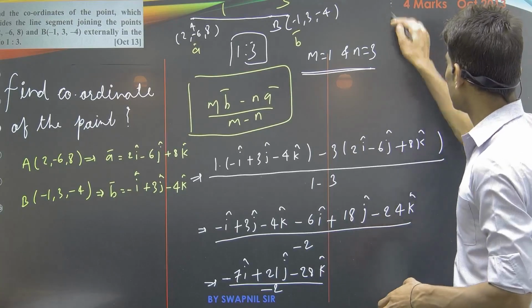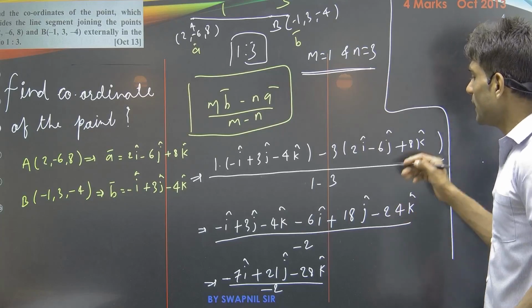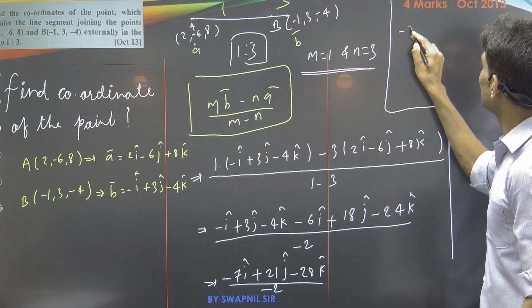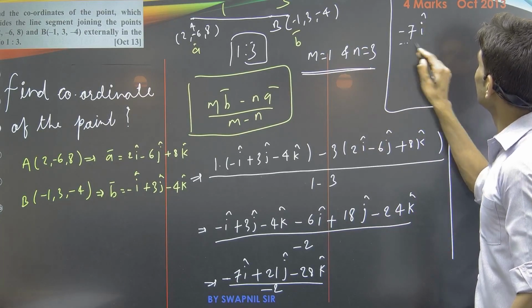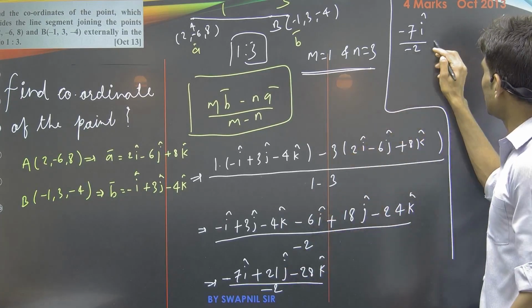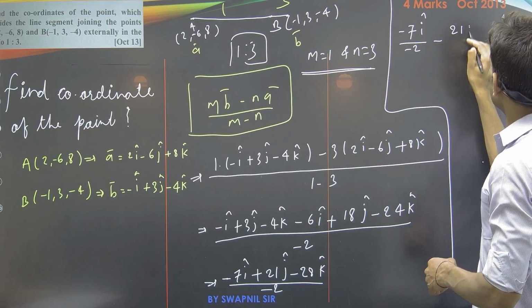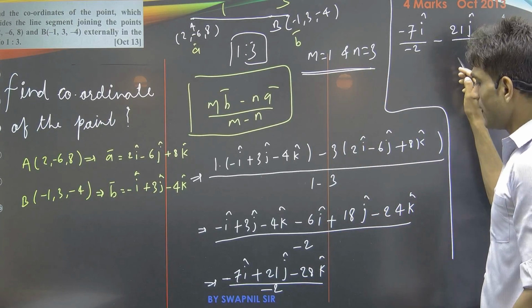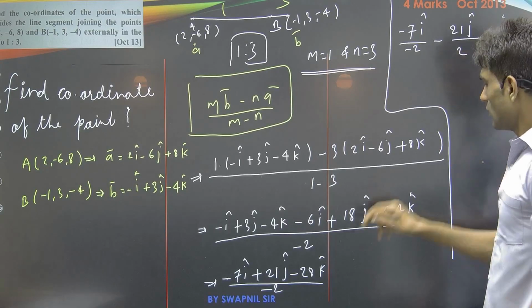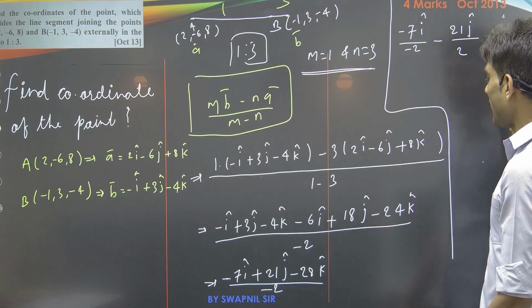Now let's go for the next step of our calculation. Minus 7 times i cap divided by minus 2 we have here. Next minus plus goes to negative, so 21 times j cap divided by 2. After that minus 28 k cap divided by minus 2.